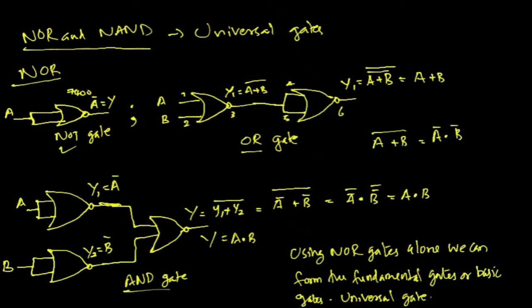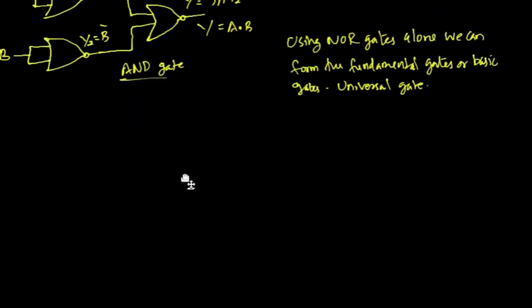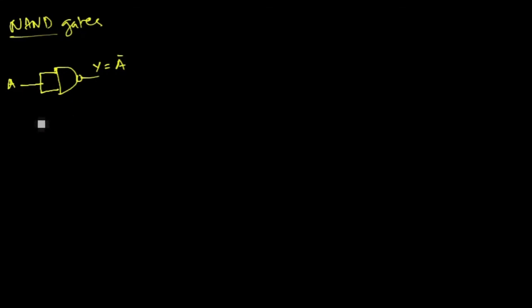Now consider the same things with the NAND gate. If you consider a single NAND gate, when the two input terminals are shorted together and given the input A, the output Y will be A complement, which forms a NOT gate.